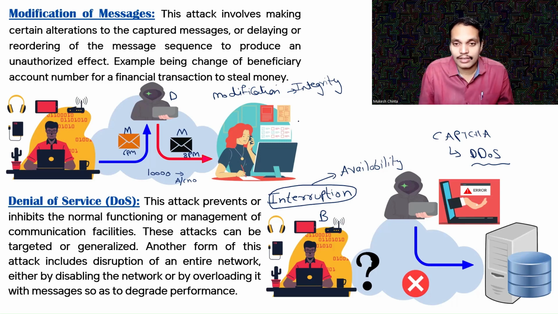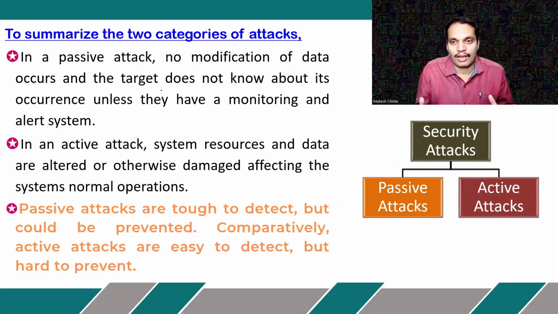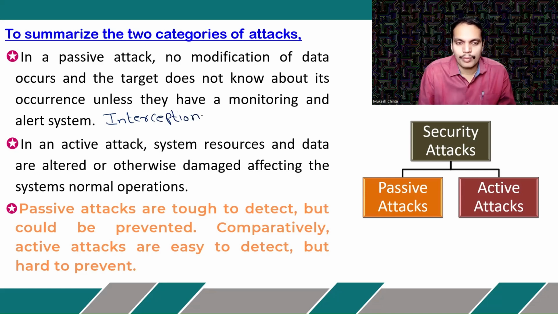Okay. And we have come to the close of this attack video. So let me just summarize. In a passive attack, no modification of data occurs, and the target does not know about its occurrence unless they have a monitoring and an alert system. So as I told you, the release of message contents, in some books, the terminology is given as interception, which is a passive attack.